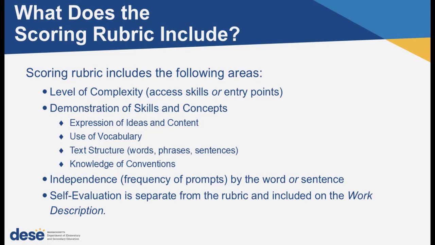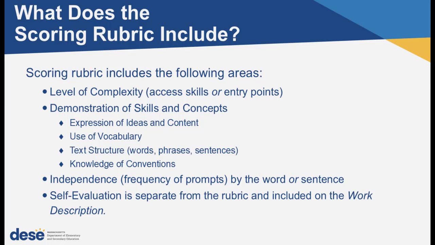So if the student is only using 4 or 5 words, you would probably do your prompts based on the per word. However, if your student is able to give you a full sentence, you may want to do your prompts by the sentence.